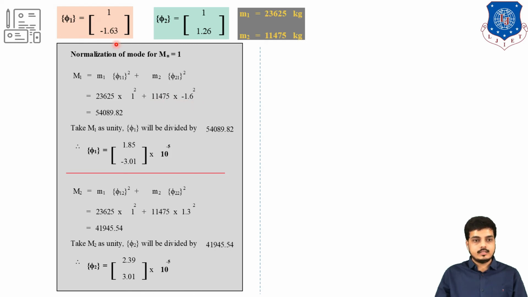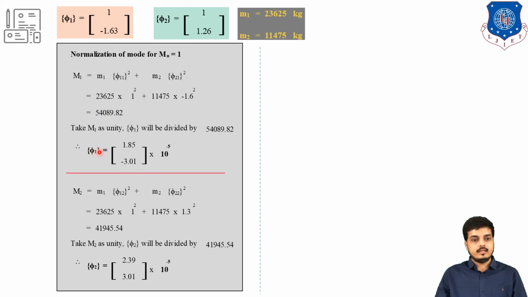The whole 1.63 is rounded off to minus 1.6. After solving this, I will get M1 equals this. In the question itself, it is given to take Mn equals 1. So taking M1 as unity, phi 1 will be divided by this value, and I will get the final eigenvectors.